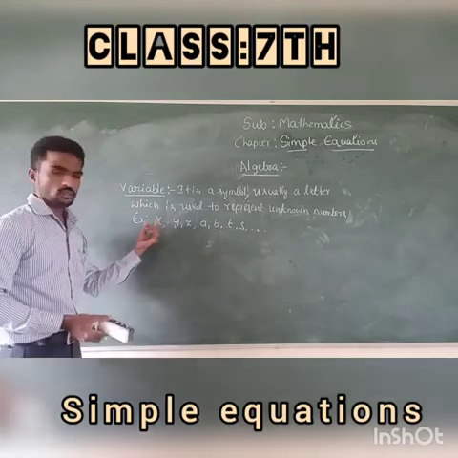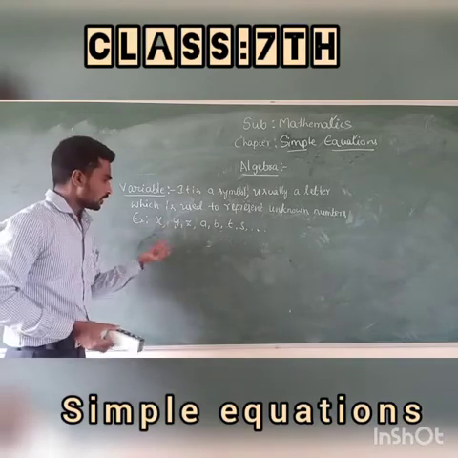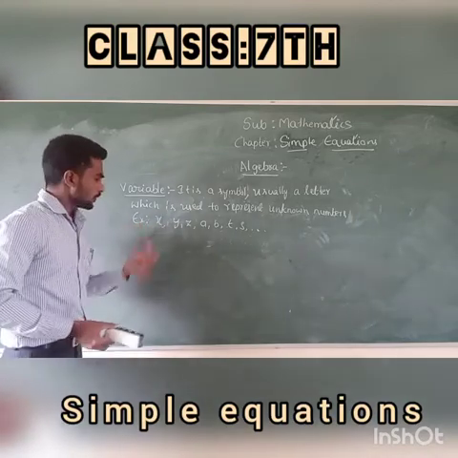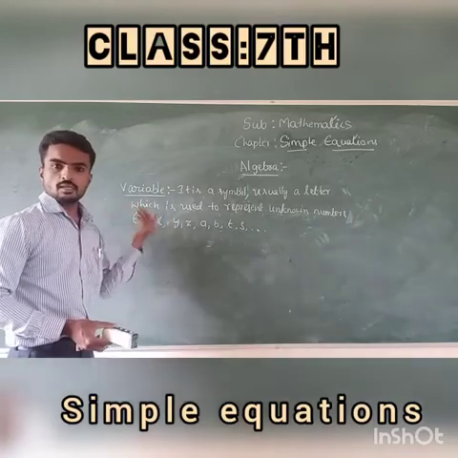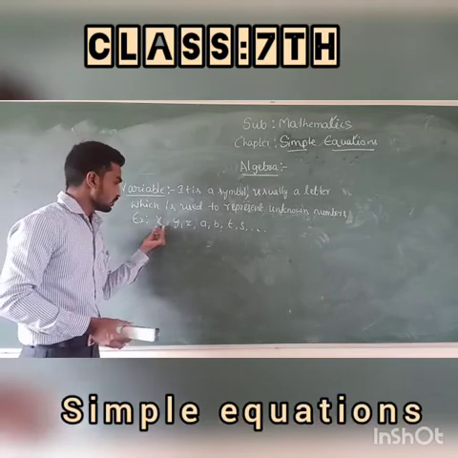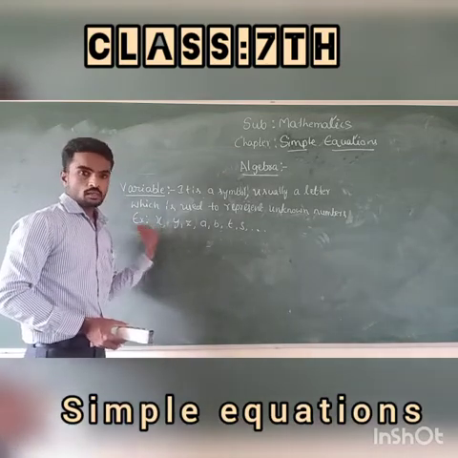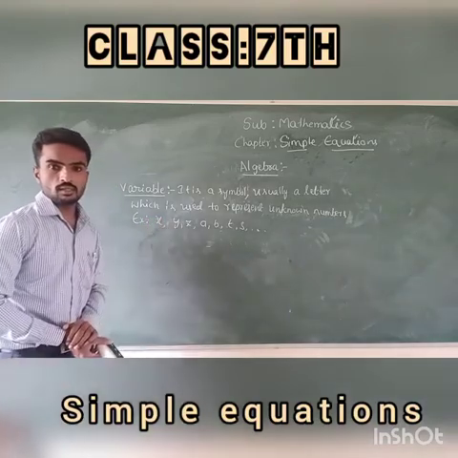If you give x is equal to 1, the value of x is 1. If you give x is equal to 2, the value of x is 2. If you give x is equal to minus 7, the value of x is minus 7. It depends upon the value we give to that variable.